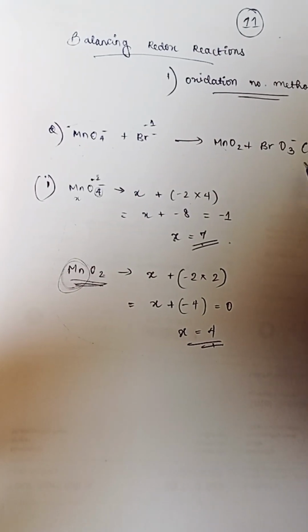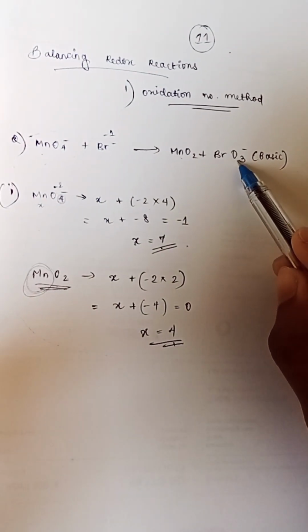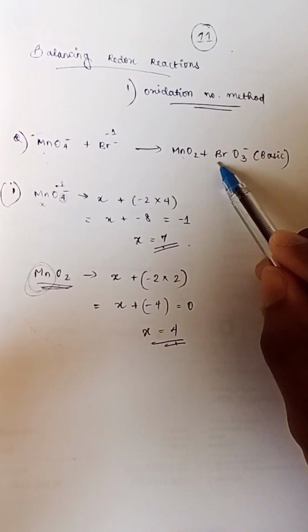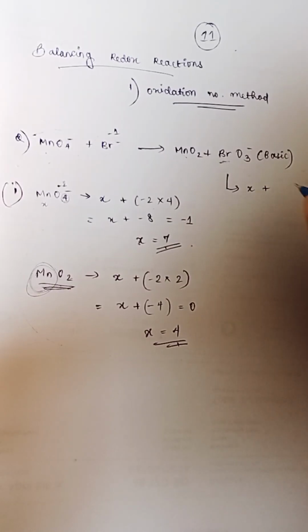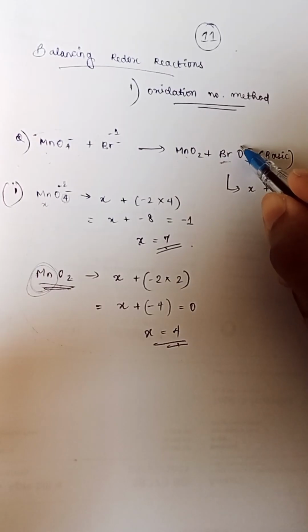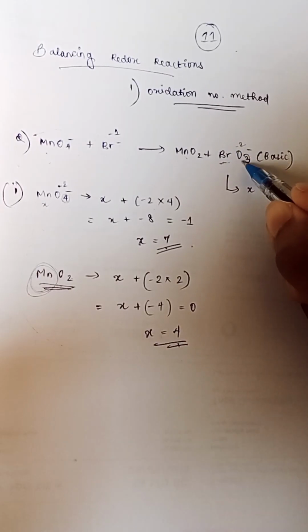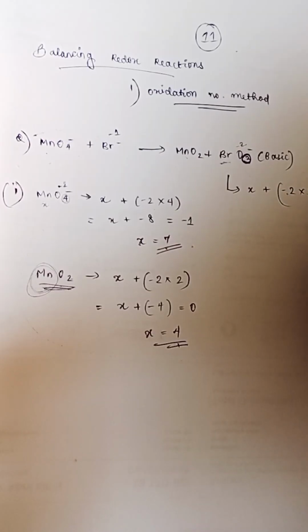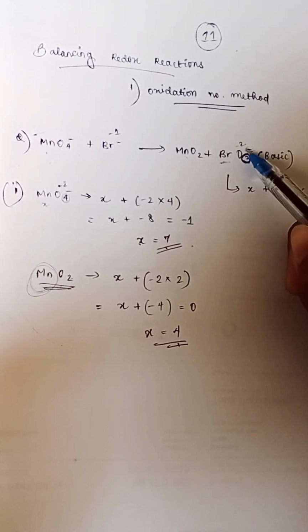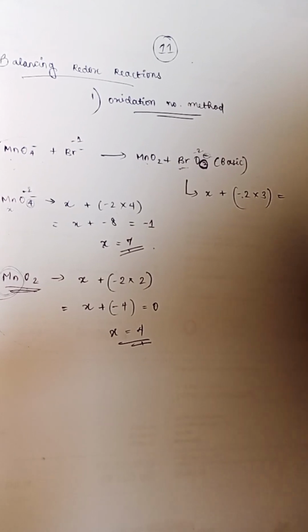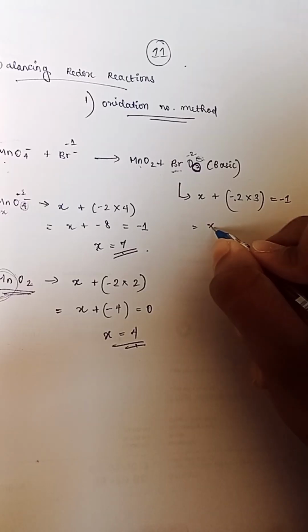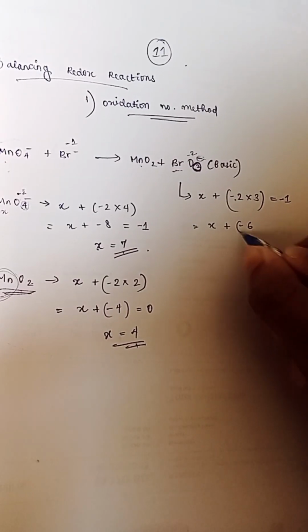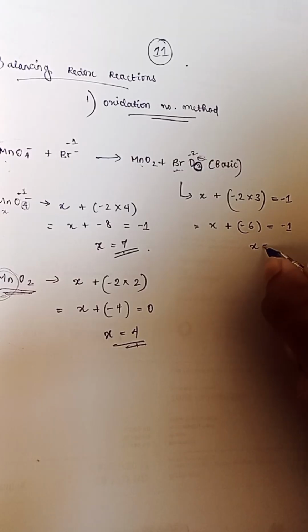Over here we have BrO3 minus, so we find the oxidation number of Br as x plus minus 2 into 3, where minus 2 is the oxidation number of oxygen and there are 3 oxygens. Since there is a minus sign, this is equal to minus 1. So x plus minus 6 is equal to minus 1, so x is equal to 5.